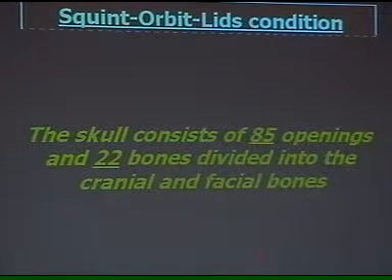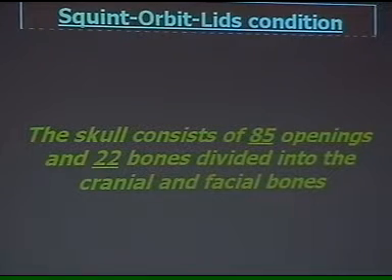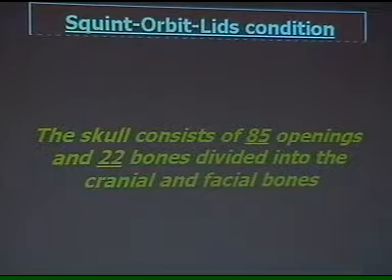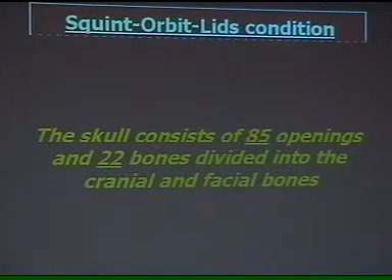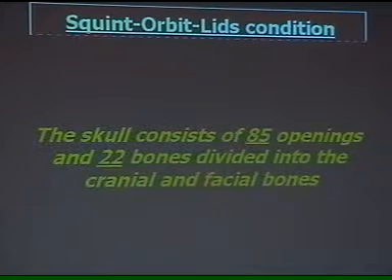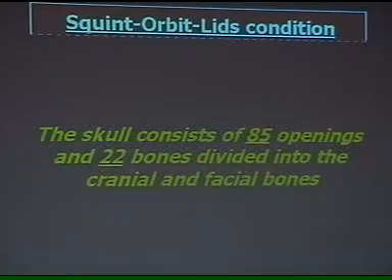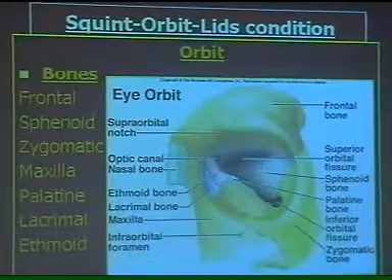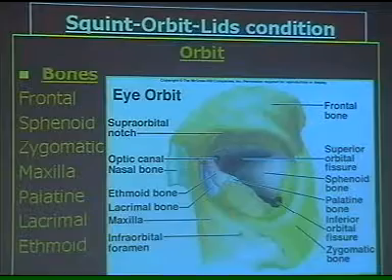Now we come to the orbit. The skull consists of 85 openings with 22 bones divided into cranial and facial bones. As far as the eye is concerned, we are concerned with the orbit, the orbital wall, and the openings that the orbit has.